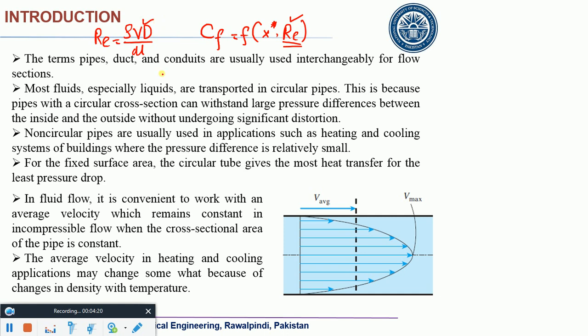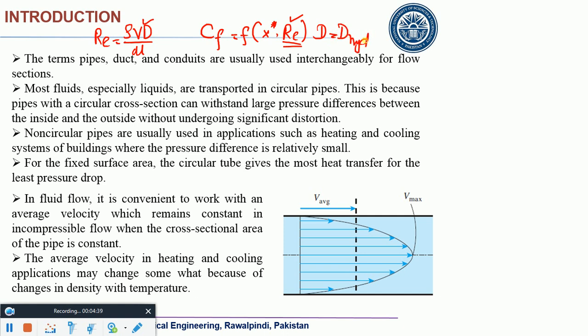Generally for these pipes, the diameter of the pipe is the length scale, the characteristic length. And if you are using a non-circular cross-sectional pipe, this diameter should be the hydraulic one.